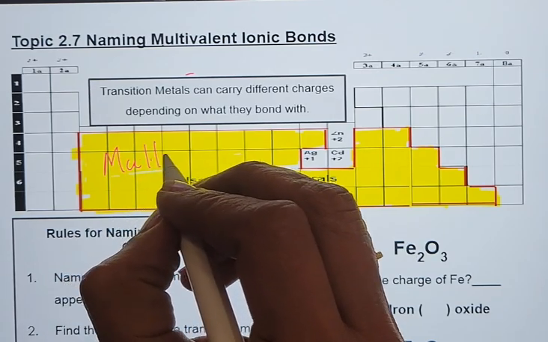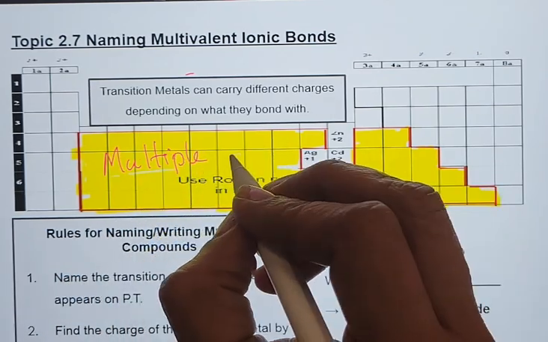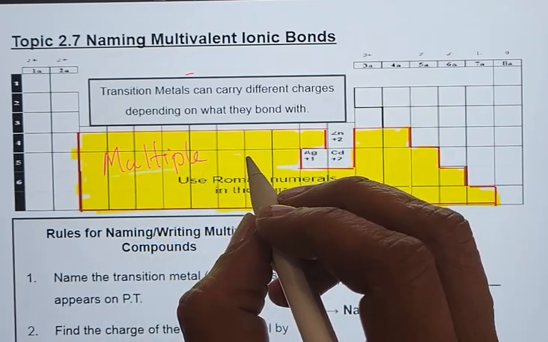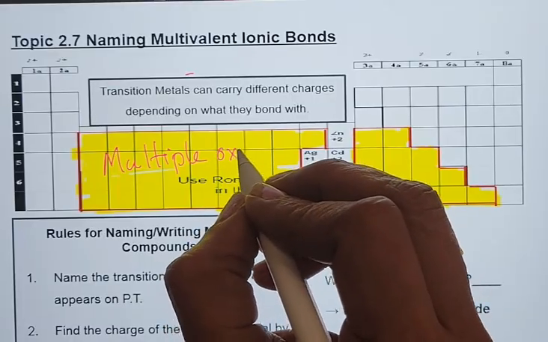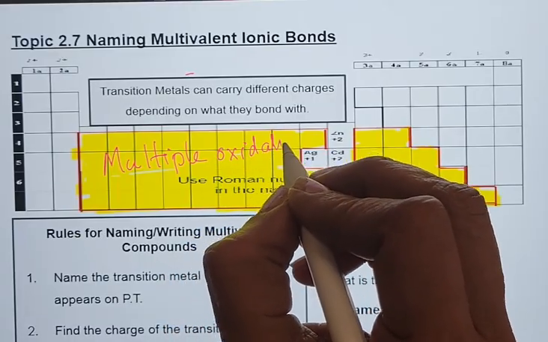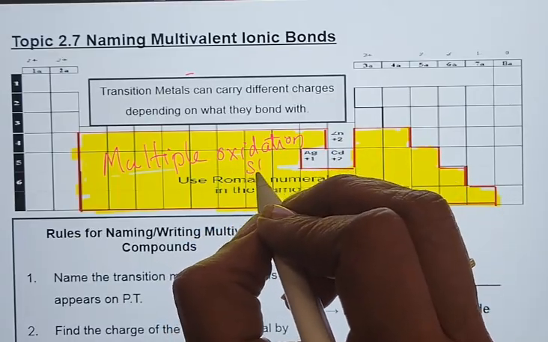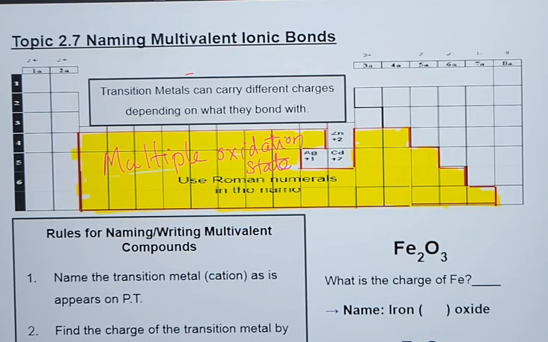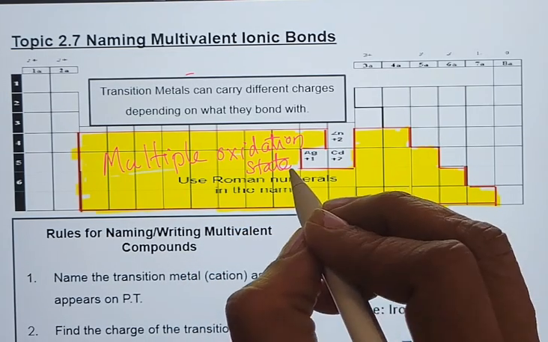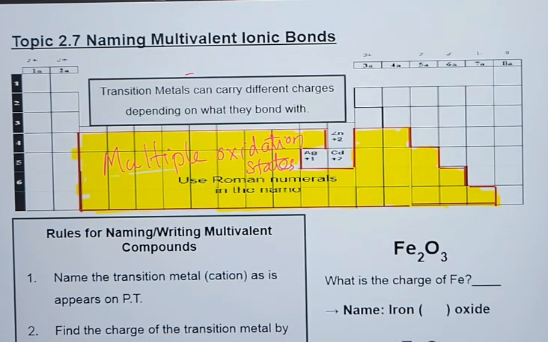We will write multiple oxidation states. Or if you are not familiar with oxidation state, you can say charge. Multiple charges. Multiple oxidation states.